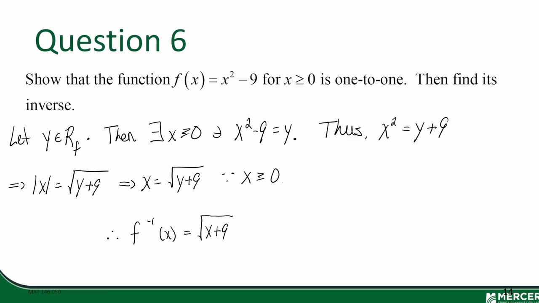Because all the negatives, when squared, give you the positive values. And then if you put it on a graph, you would see it's a parabola. Yeah, the vertex of the parabola is at negative 9 on the y-axis. That means the domain of f inverse is greater than or equal to negative 9, which you can easily confirm by looking at it.